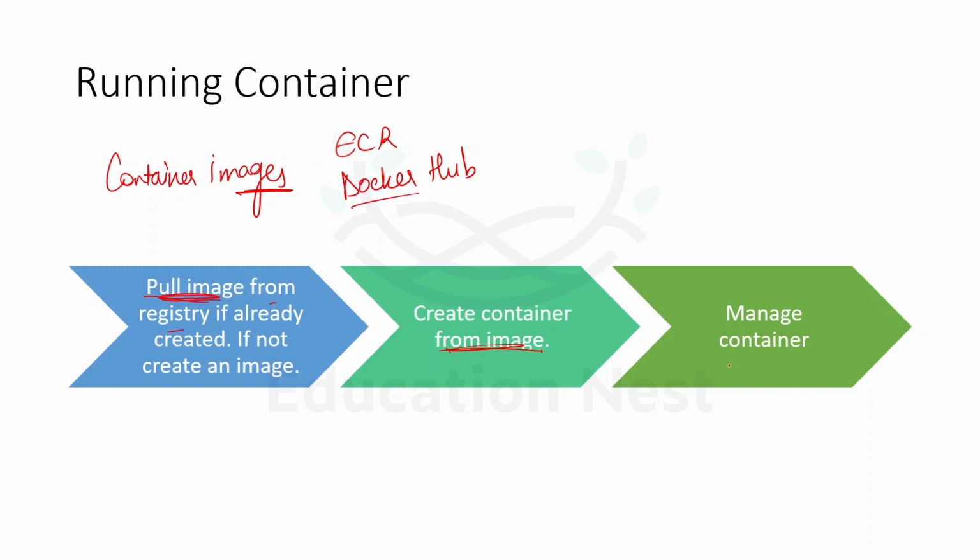And lastly, we have to manage the container. For managing these containers, we have Docker. An individual container can be managed by Docker. If we want to see the higher level or broader picture, then we would be using Kubernetes. We will be understanding that as well in the coming slides.